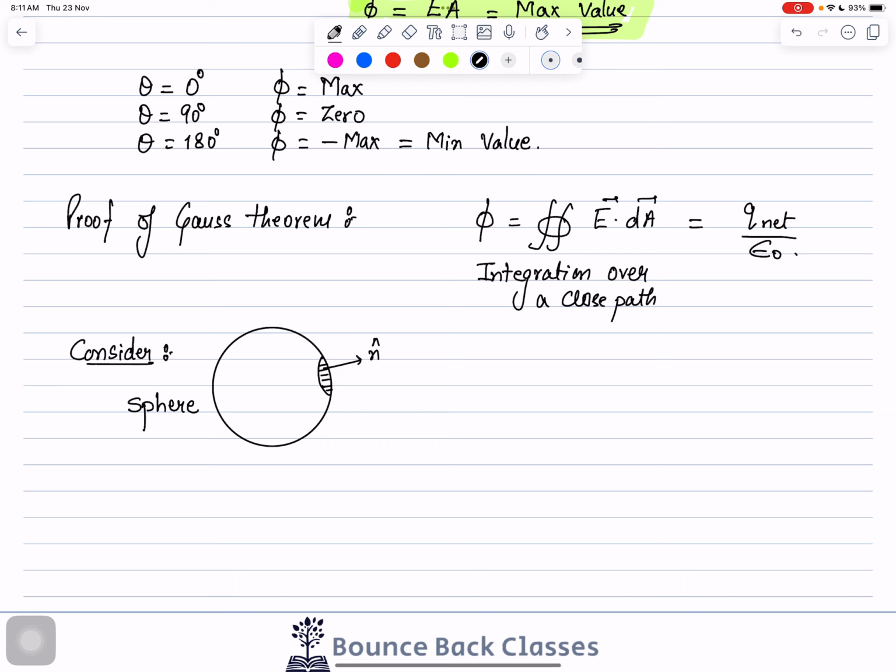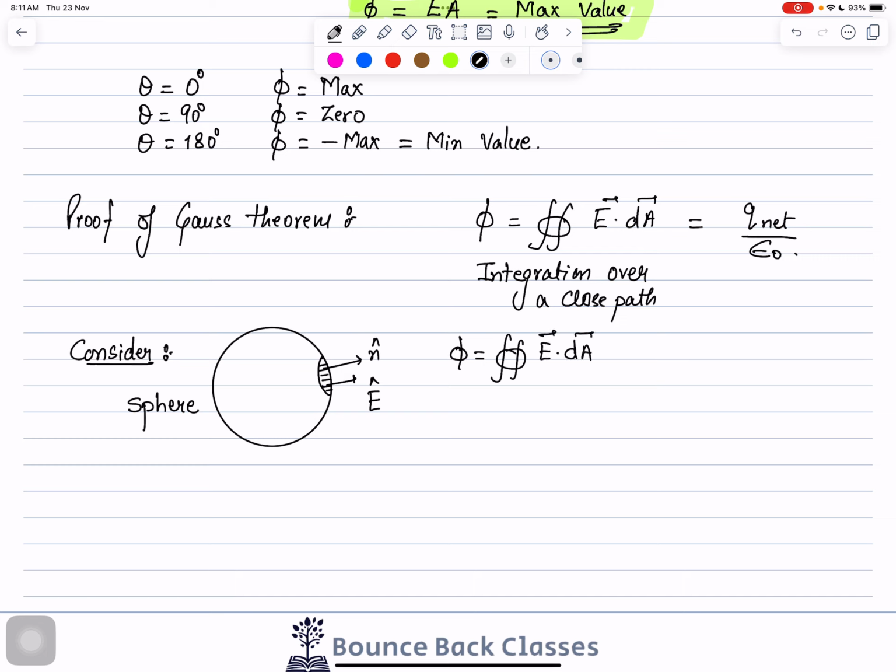This is your n cap, this is your e cap. So we know the LHS: flux is equal to integration over a closed path E dot dA.